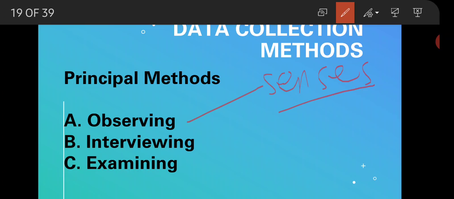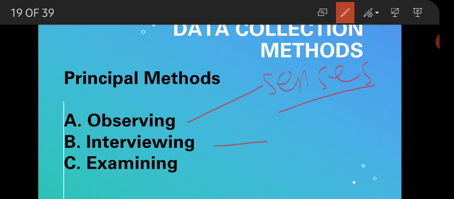Okay. And also interviewing. Interviewing is also a collection method that should be very easy to understand. When you talk to your client, when you make a planned communication or conversation, any data that you gathered from speaking with a client, that becomes your information through interviewing methods.